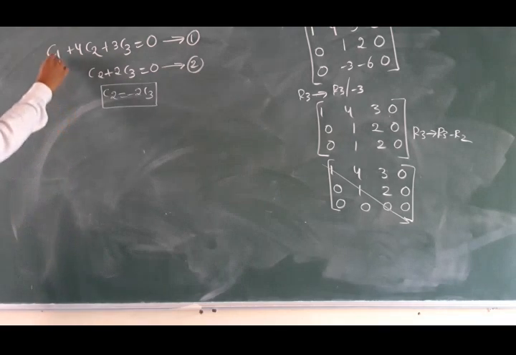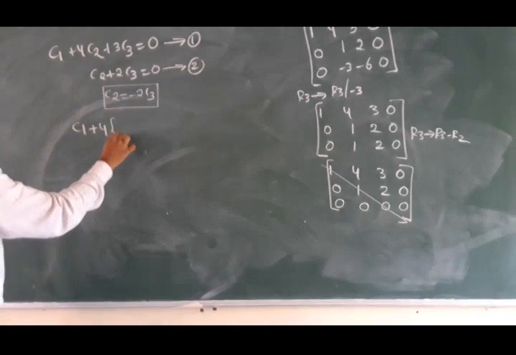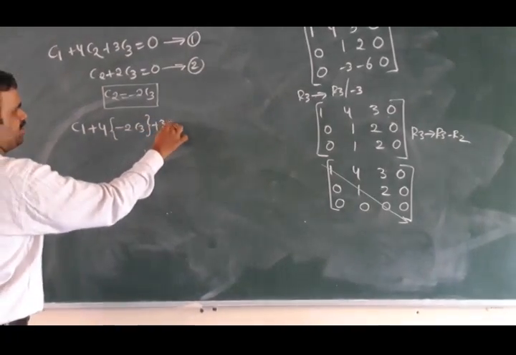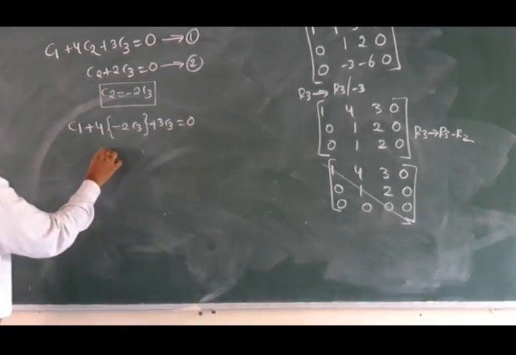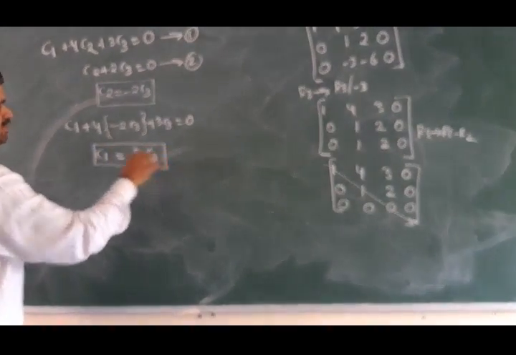Substitute here: C1 plus 4 times minus 2 C3 plus 3 C3 equal to 0. C1 minus 8 C3 plus 3 C3 gives minus 5 C3, so C1 is equal to 5 C3.